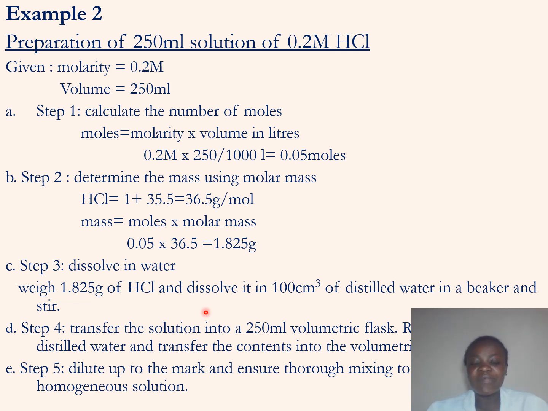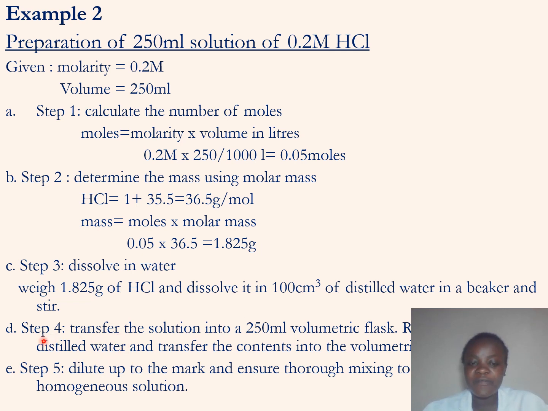So we transfer our mass into a beaker, add a certain amount of water, that is distilled water, we can add 100 centimeters cubed, then stir, then make sure the solution is now transferred.